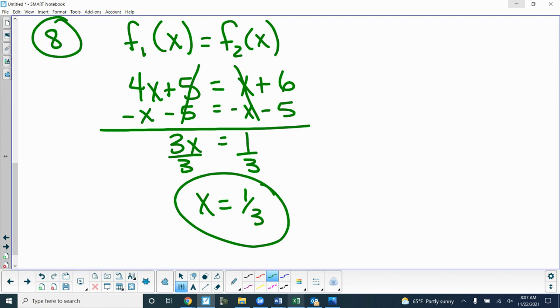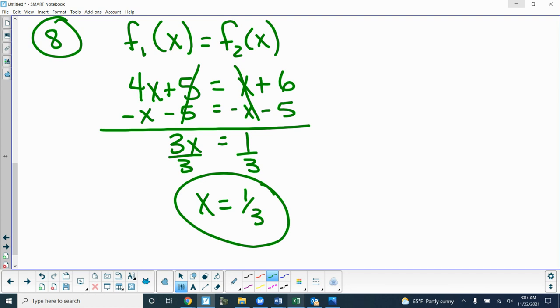So those two problems are just solving equation stuff, algebra 1 stuff, right? It's just in function form. So it should be pretty easy for you.